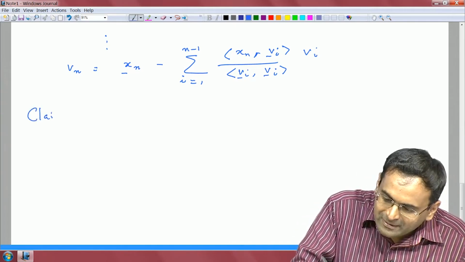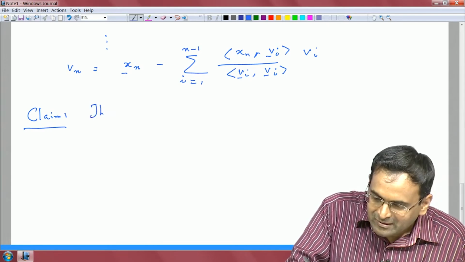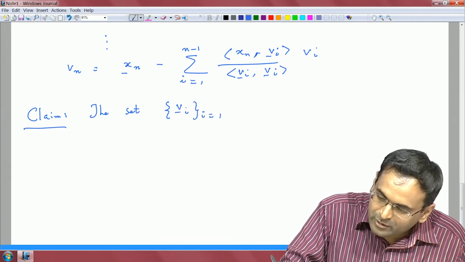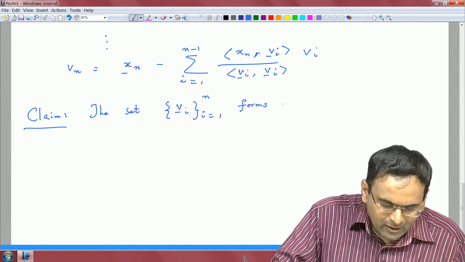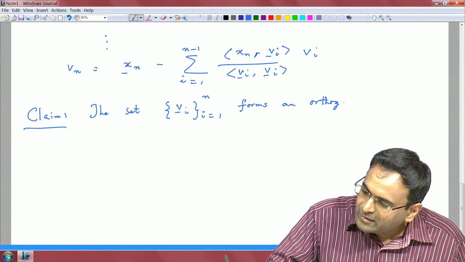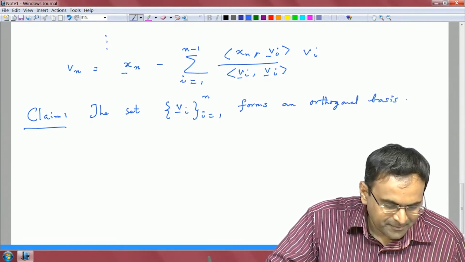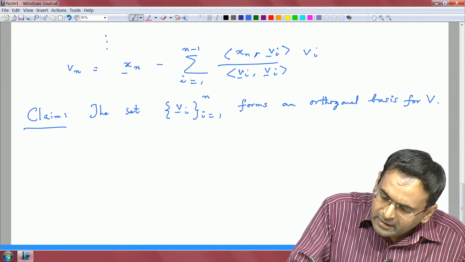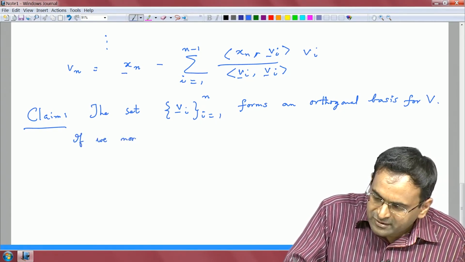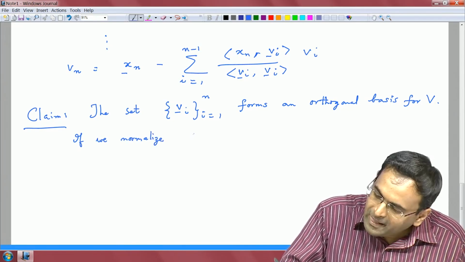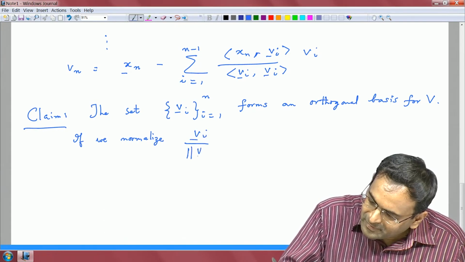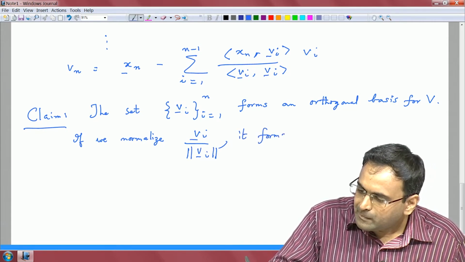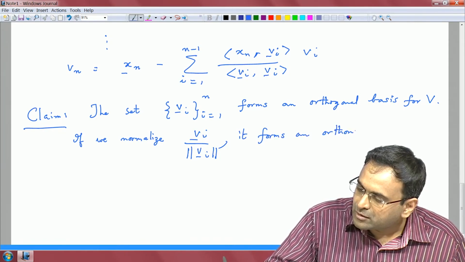So, the claim is the set Vi, i equals 1 to n, forms an orthogonal basis for this vector space V, and if we normalize, it forms an orthonormal set.